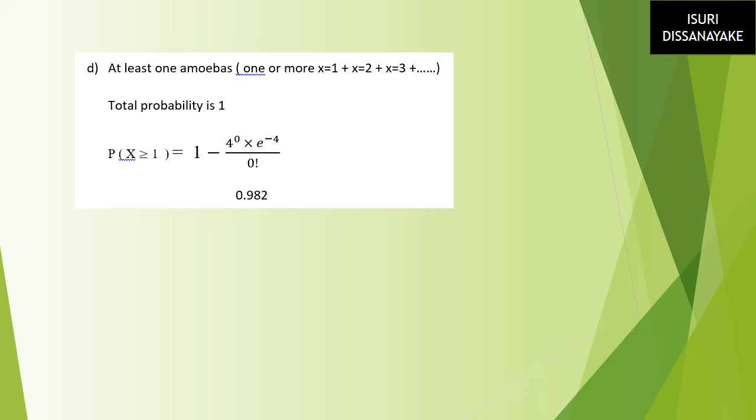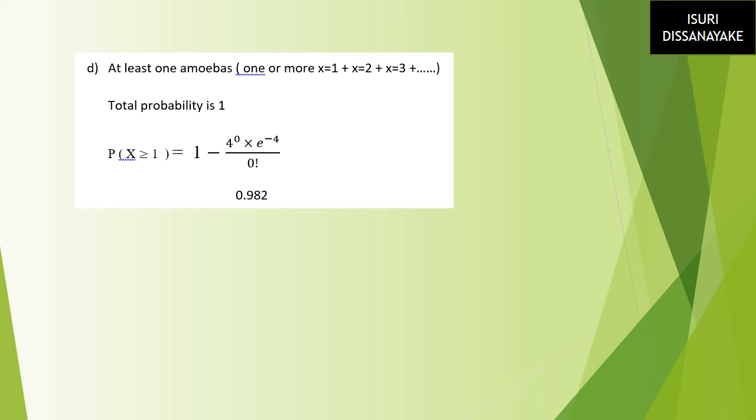And as we know that the total probability is always equal to 1, we can subtract the probability of no amoebas, X equals 0, from 1. So we could get the total probability of X greater than or equal to 1.